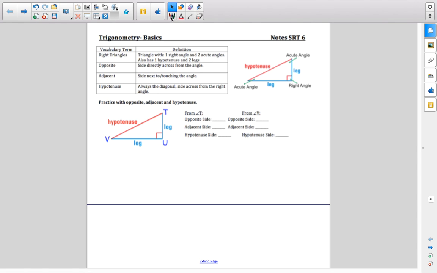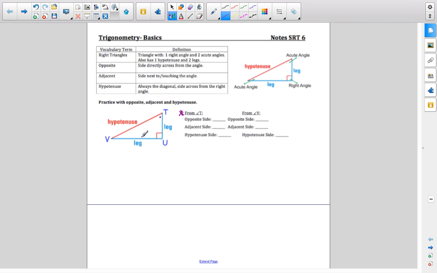So now when we check this out, let's look at this triangle that we have right here. Let's see, I'll choose purple because it's not in the picture here. When we look just from angle T, okay, here's angle T, and I want to know what is the side that is opposite angle T. So opposite angle T could not be a side that's actually touching it.